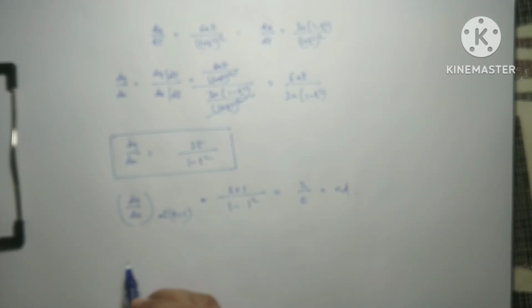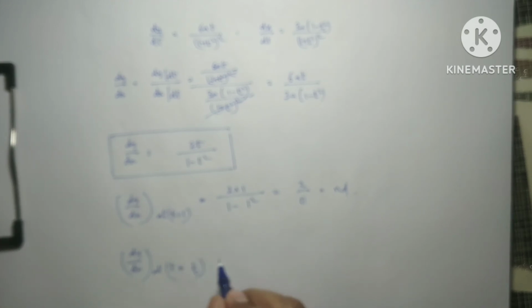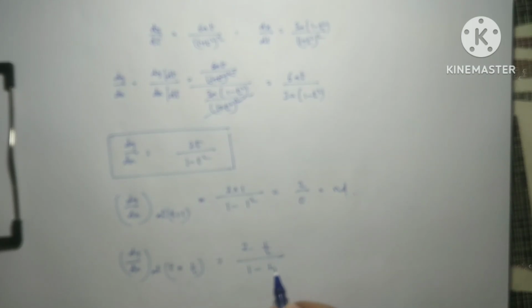If you have any other value, just like if he asked at t equals 1 by 2, so put this value 2 into 1 by 2 and 1 minus 1 by 2 square. So you get 1 as numerator, and there is 1 minus 1 by 4, so you get 3 by 4, reverse, it is 4 by 3.